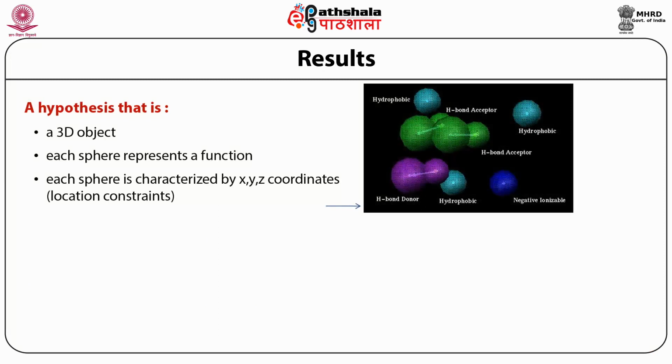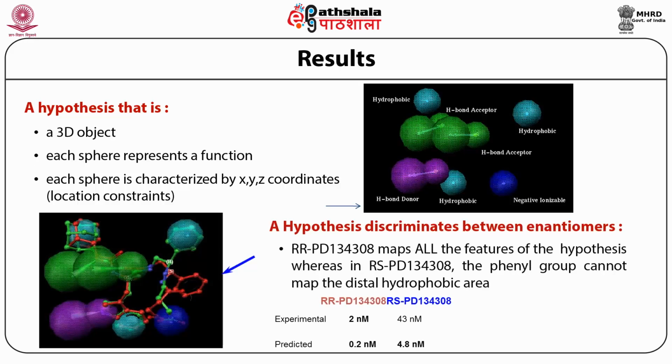Here I show you, using the previous example, how that hypothesis, that is a 3D object, was built up. And then, on the right-hand side, we build up the 3D model, which is shown here. We used each of these coordinates and the distance criteria, and we got two compounds whose bioactivity has actually been checked.